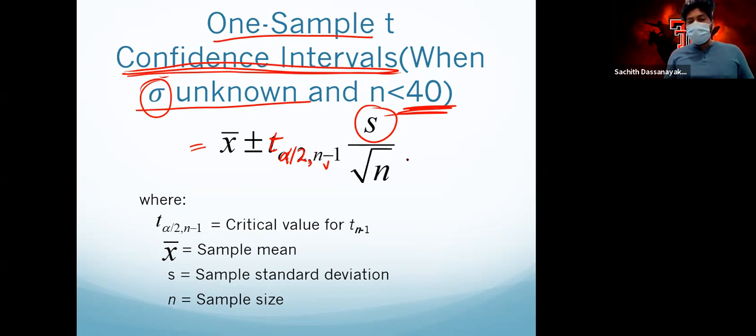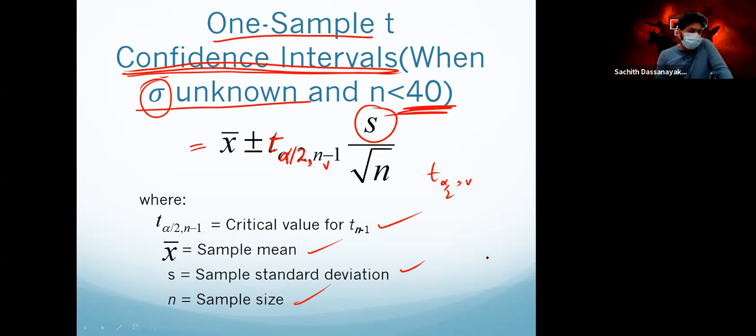If you have a value like T alpha over 2 comma degree of freedom V, you can find that value, right? So it is easy. This value is the critical value, we call it critical value because we are dealing with alpha. Then sample mean, sample standard deviation, sample size.